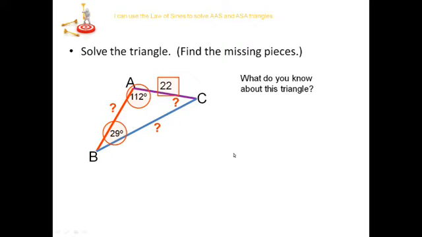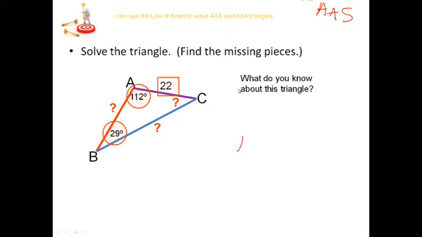So this triangle is going to be an AAS triangle. An AAS triangle is one that I can use the law of sines to solve.